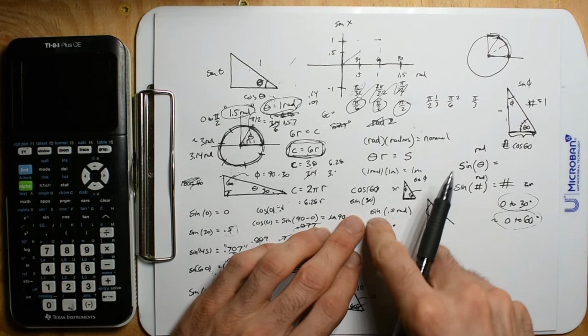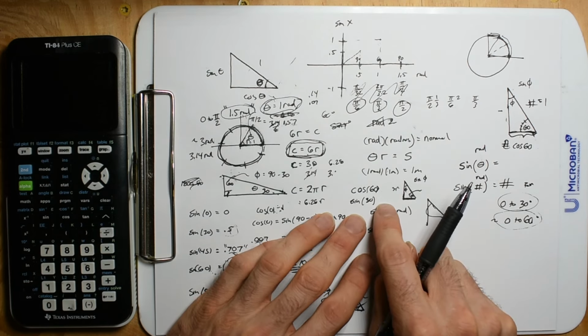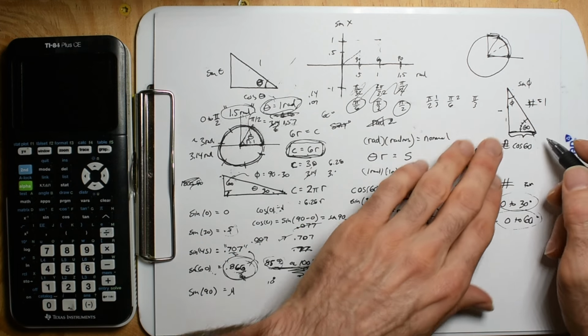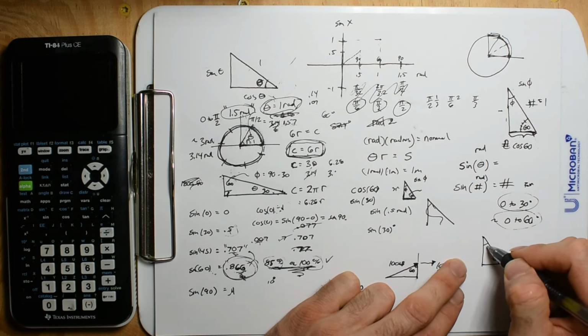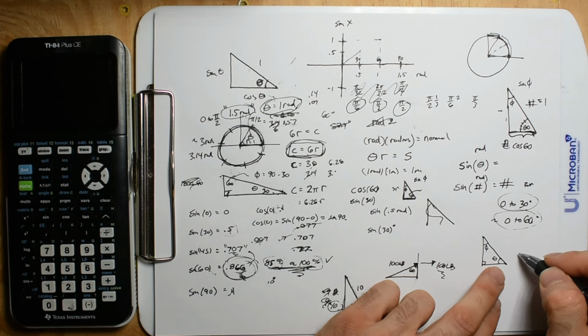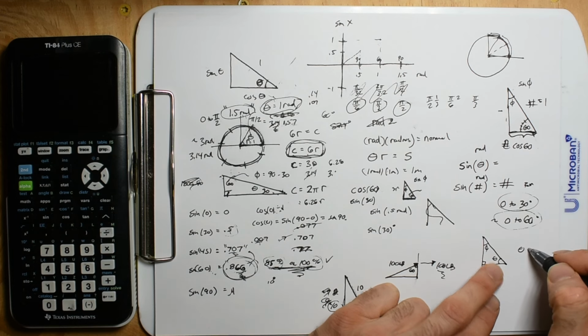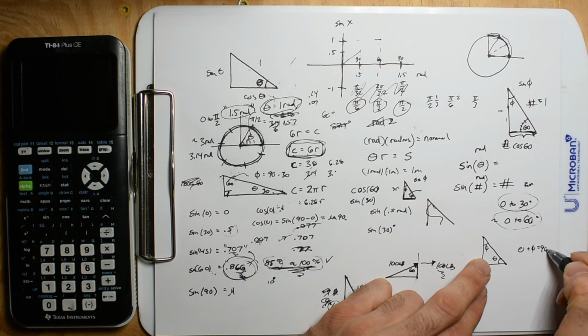You know what I mean? So it's kind of nice to do that in your head. And that's just one thing I would never memorize. If I'm saying that this is theta and this is phi, I'm just going to say if I know theta, then theta plus phi is equal to 90.